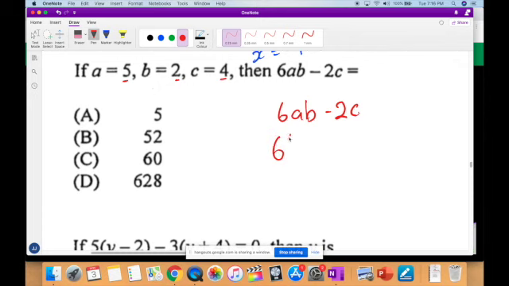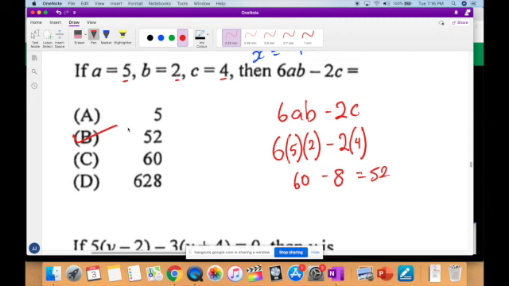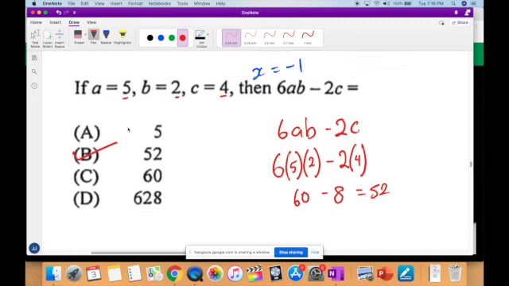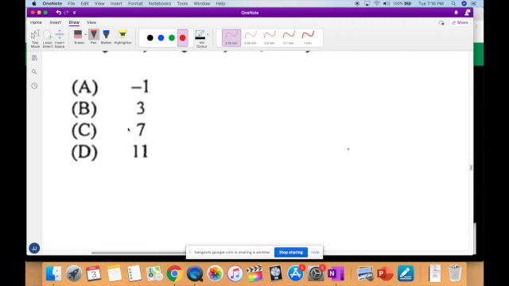So 6a, which is 5, b, which is 2, minus 2c, which is 4. So that's 5 2s are 10, 10 times 6 is 60, minus 4 2s are 8, so the answer is 52. Okay? A simple matter of substitution.